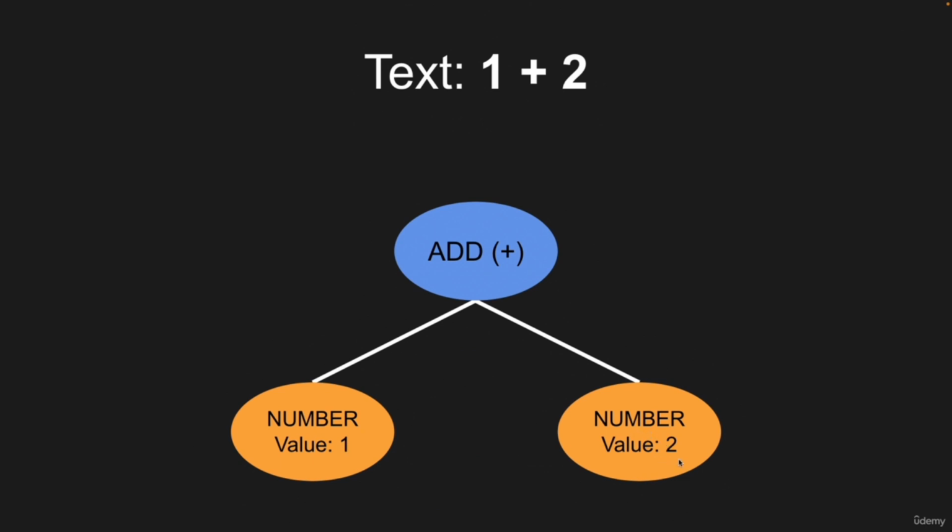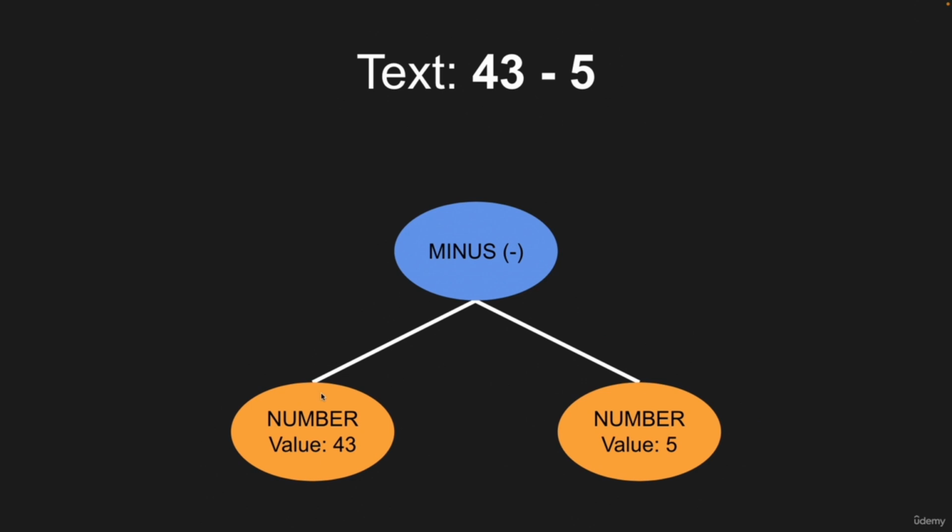Here's a number, value 2. And then here's a node, which is the addition operation. And then the node has 2 children. These are children. This is the parent node. This is the children node right here on the bottom. The orange circles are the children nodes, and the blue circle is the parent node. So this is 1 plus 2.